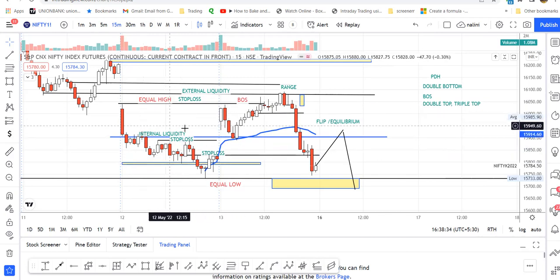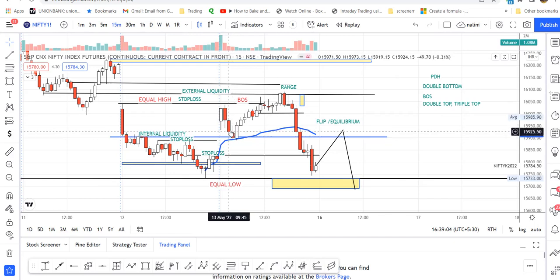When the big institutions have grabbed the stop losses, they need to buy shares in double the quantity. They have to put in double the money to go through this level. So if they buy against all the stop losses and go up, they will be at a loss. So what will they do? They will again induce liquidity.